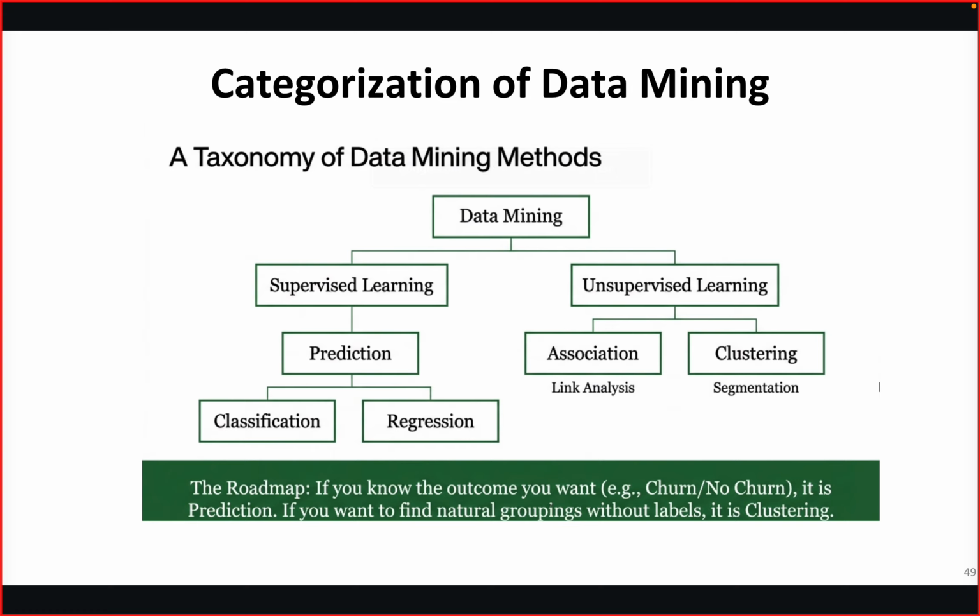Association is a relationship. Relationship of what? Between the variables, or the data. To be more specific, among items.